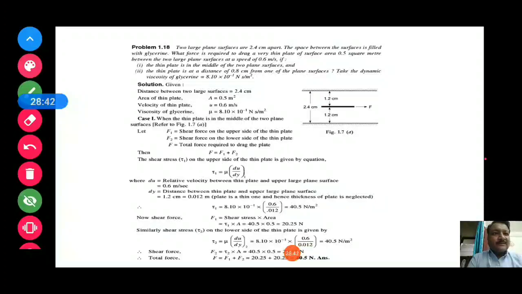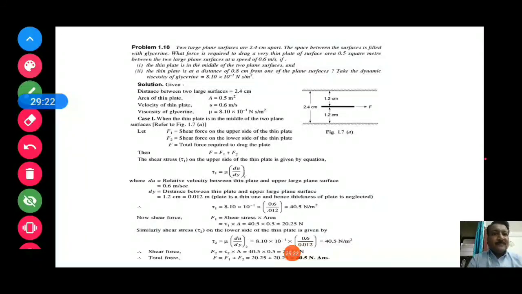Two large plane surfaces are 2.4 centimeter apart. The space between the surfaces is filled with glycerine. Now glycerine is a liquid or oil, you can say fluid, in between the plates. What force is required to drag a very thin plate of surface area 0.5 meter square between the two large plane surfaces at a speed of 0.6 meter per second, if there are two cases.